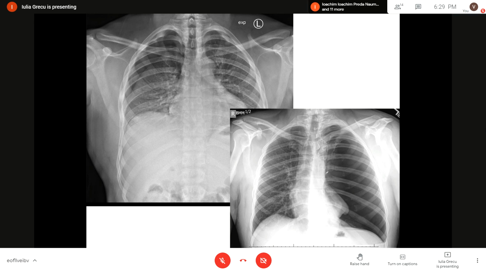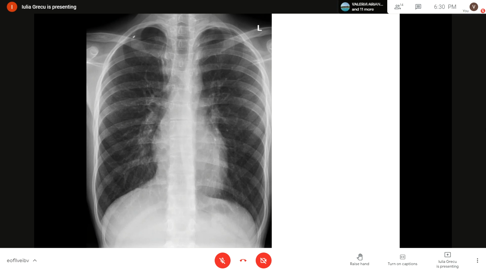It associates with a shift in mediastinum. You see the trachea is deviated towards the right, the border of the heart is a bit moved towards the right, and you also see an increase in the spaces between the ribs because of this major inflation of the pleural space.